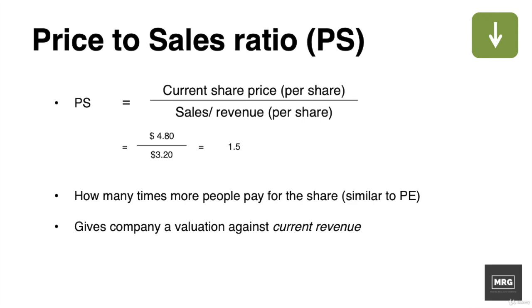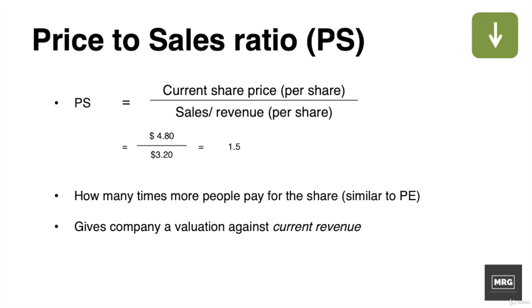PS ratio is a means to show how many times more people are willing to pay for the share or the stock, and it gives a company a valuation against its current revenue or sales. So the lower the PS ratio, the better it is, if you look at the top right corner with the arrow pointing downwards.